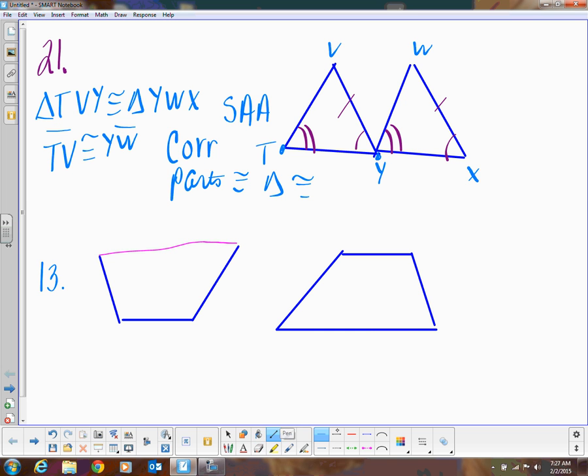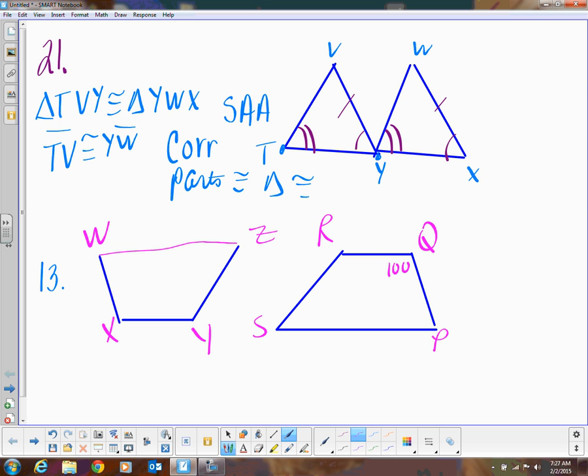And they gave us vertices W, Z, X, Y, and then they did R, S, and Q. They told us this is 100, this is 35, and this is 80, and this is 145. They told us that this side is 8.6, this side down here is 3. They told us this is 10, and this is 5.